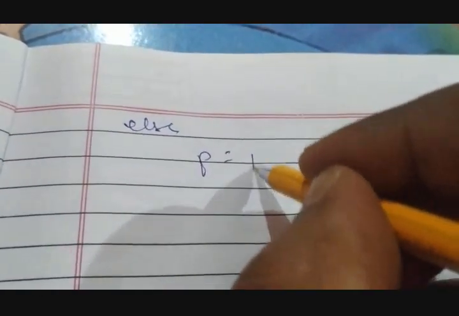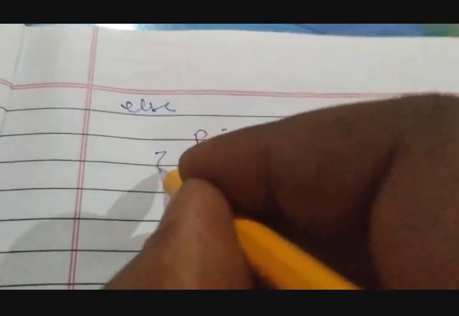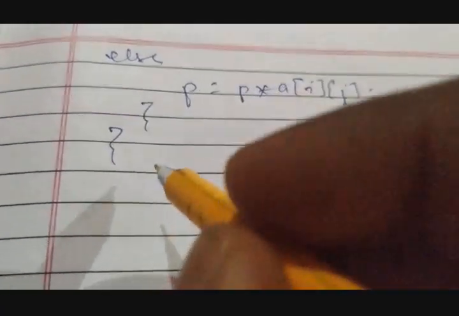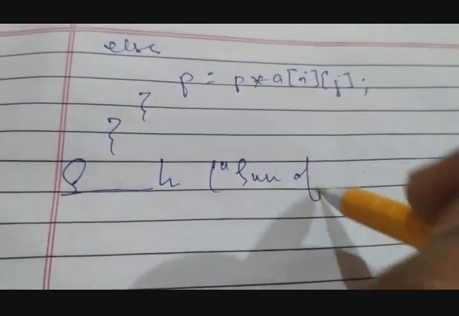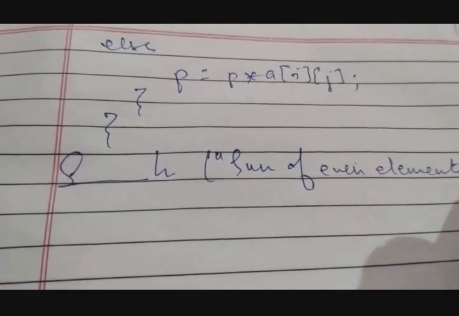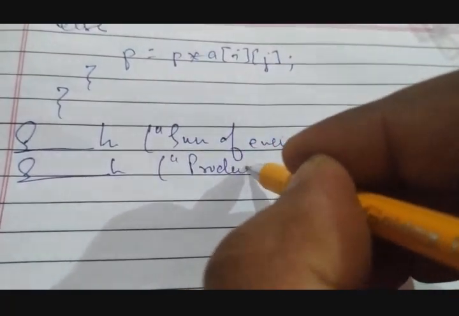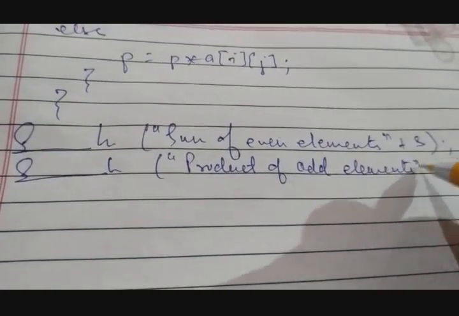Otherwise, product equals p into a[i][j]. J loop close, outer for close, then the fifth one, display: sum of even elements plus s, product of odd elements plus p.